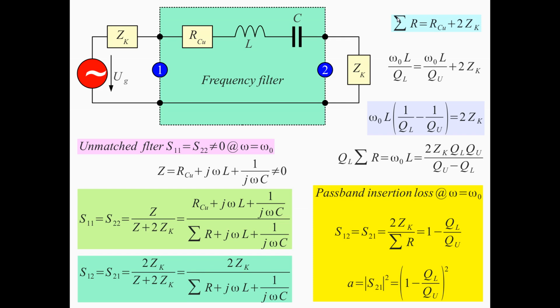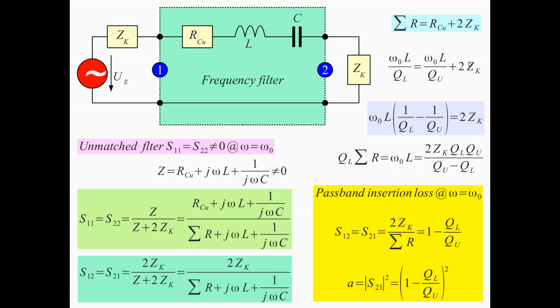So the sum of all resistors is the resistor of the inductor plus the generator internal impedance and the load internal impedance, 2Zk. We are trying to express these things at the resonant frequency. So this is actually omega L divided by QL for the loaded case. For the unloaded case it is this one here, and this is this one here.